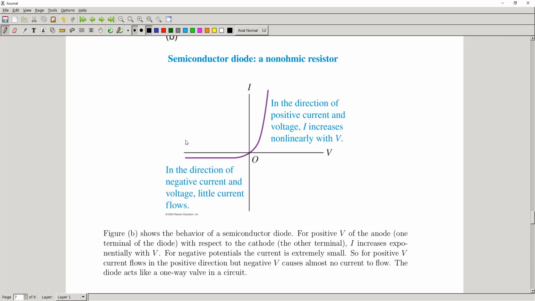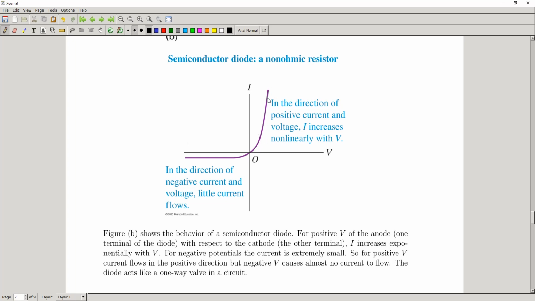So for positive V on the anode side, and lower V on the cathode side, I increases exponentially as we crank up V. If we have high potential on one side and low potential on the other, and we crank up that potential difference, we get more and more current flowing through our diode.